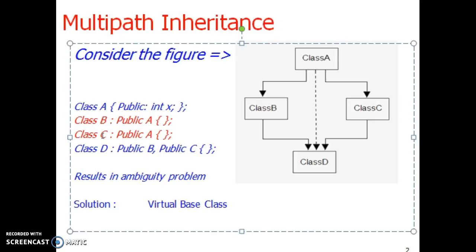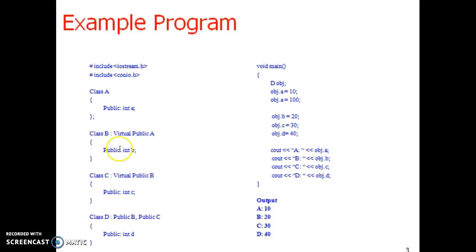One very famous solution to this ambiguity problem in multipath inheritance is the virtual base class. The concept of virtual base class will solve this ambiguity problem in multipath inheritance. So just see this diagram. Here it is very simple.